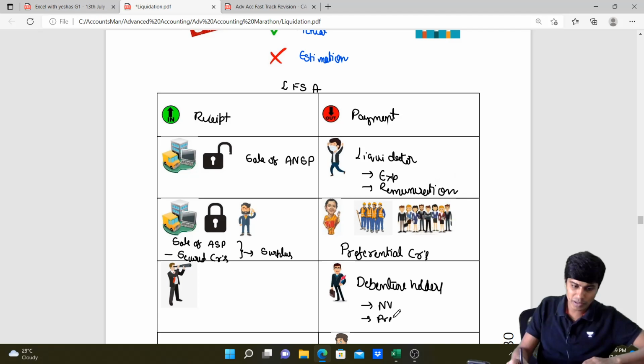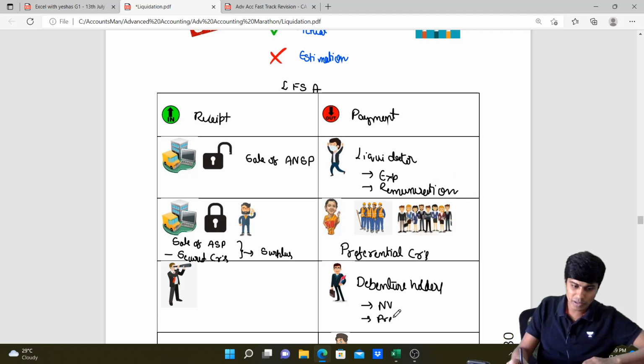Then it will become unsecured creditors. So those unsecured creditors have to be paid. After paying unsecured creditors, then we'll pay the person who's in running mode here. Who is he? Preferential shareholders. And then finally we pay equity shareholders.